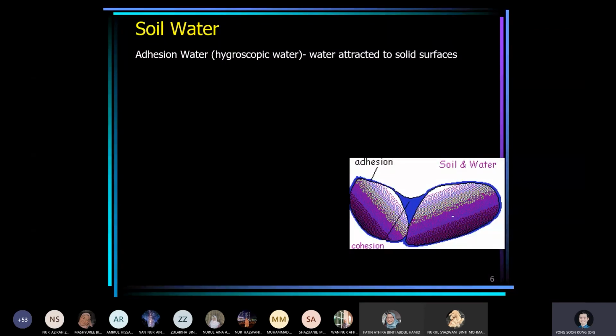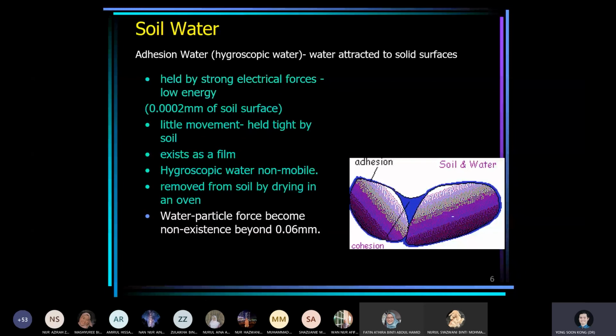See? Now they have another word for it, they call it hygroscopic water. Why do we call it hygroscopic water? If you don't know what hygroscopic means, this kind of water has a tendency to be highly absorbed by a material.